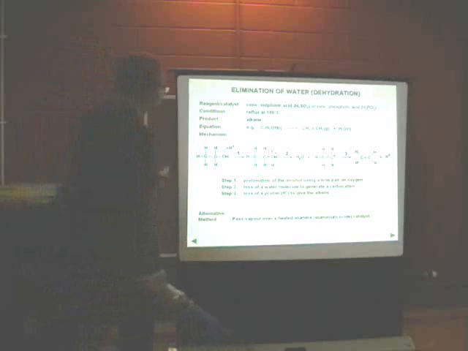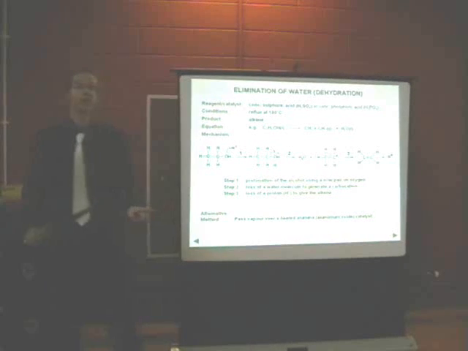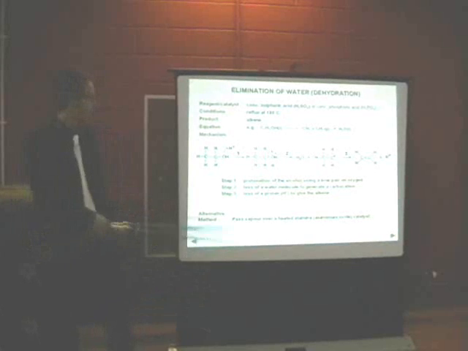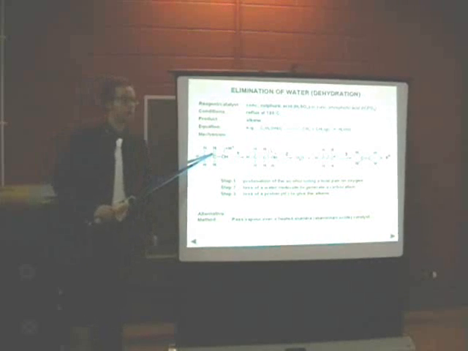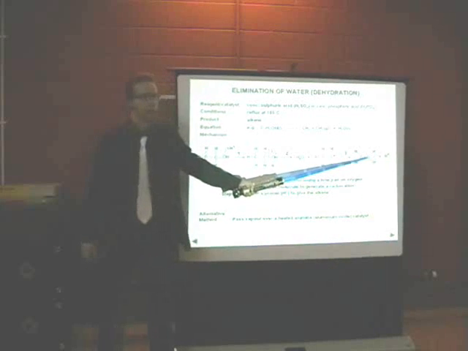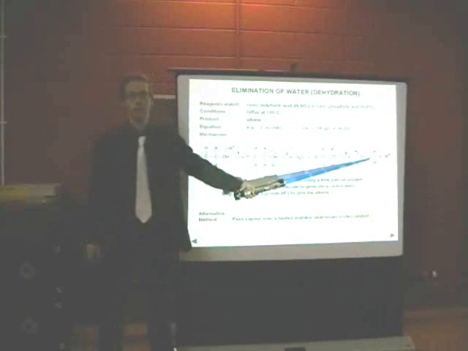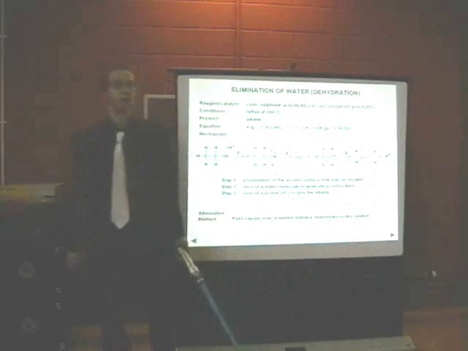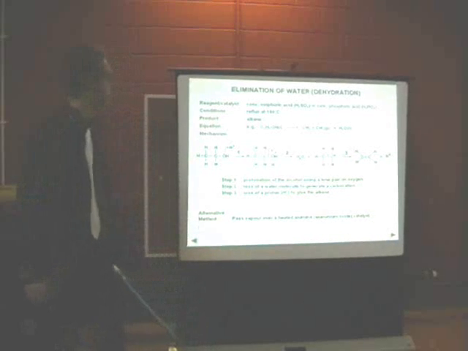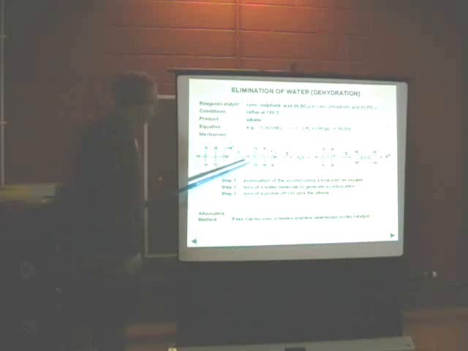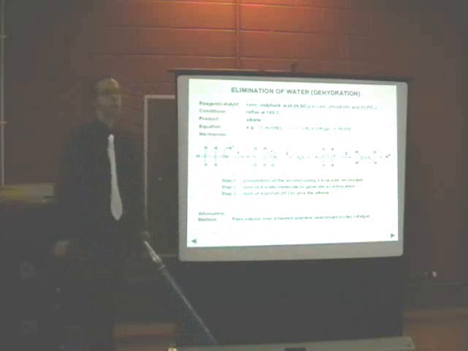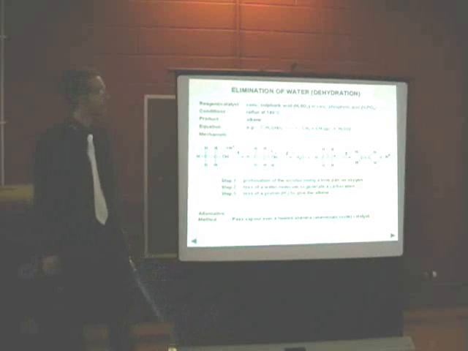You don't need to know this mechanism, but you do need to know it can be done. If you start off with an alcohol, you can make an alkene. What do we call the removal of water? Dehydration. This is the elimination of water, also known as dehydration.